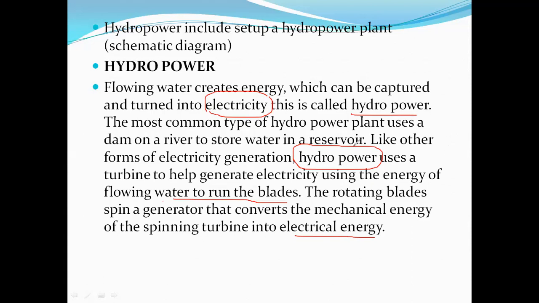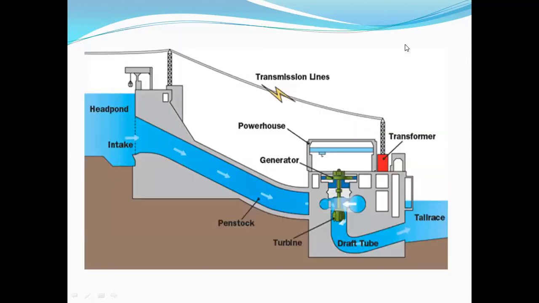The hydrostatic power acting on the turbine is converted into mechanical energy, and the mechanical energy in turn is converted into electrical energy. We will see that diagrammatically.